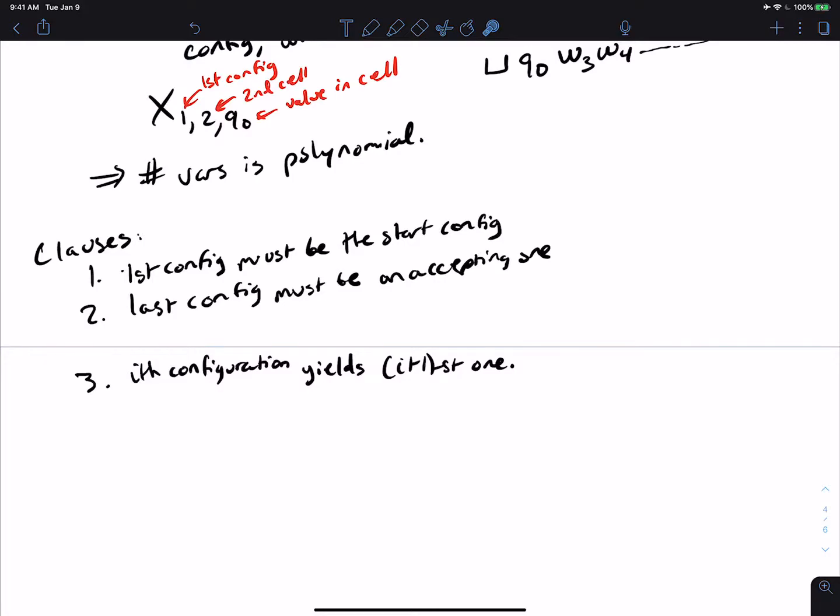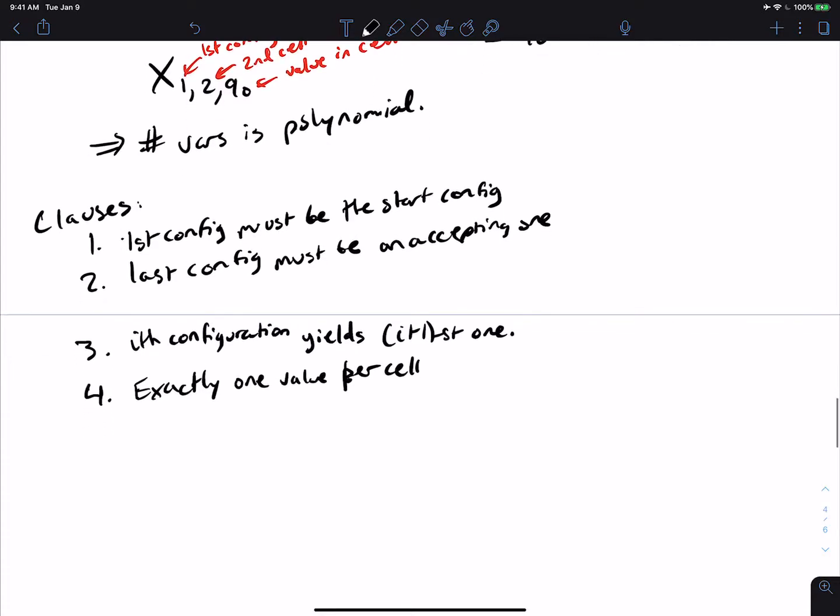Okay, and actually we need a fourth one. This may seem a little weird, but exactly one value per cell. So what do I mean by this? If we go based off of the variable we had up here, it can't be the case that I have x12 q0 and x12 pound sign both be true.